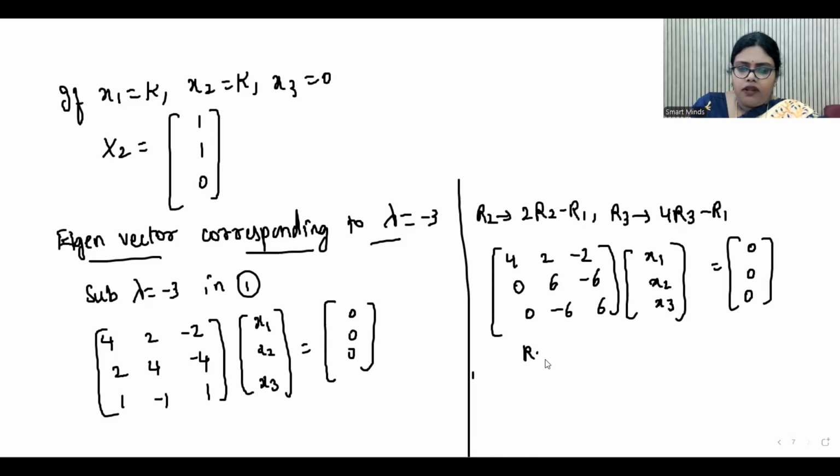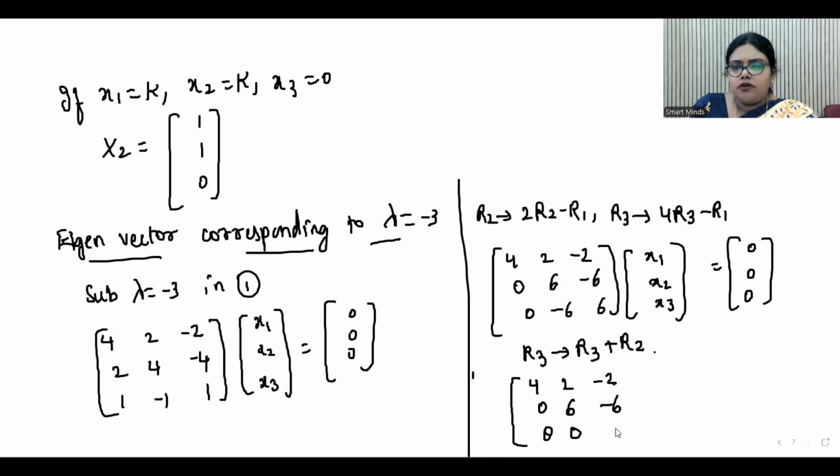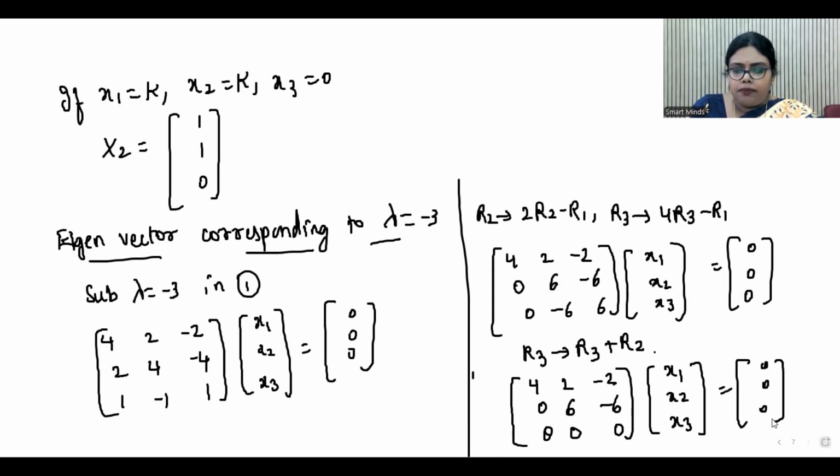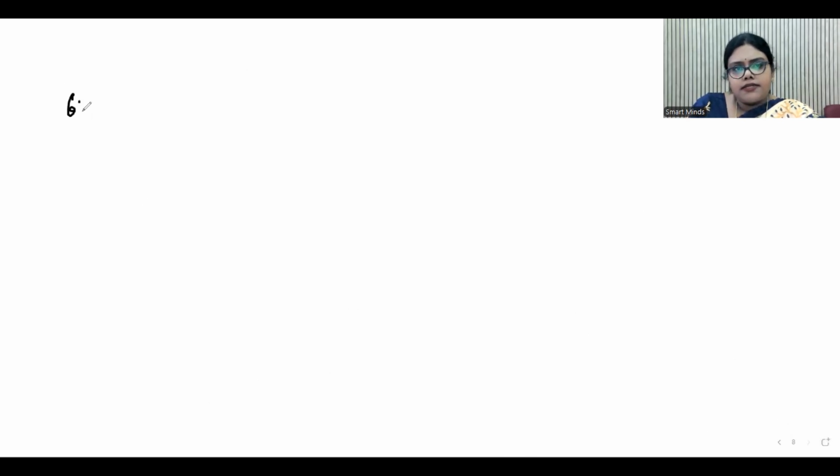Now we will apply R3 is R3 plus R2. So that last row will become 0. 4, 2 minus 2, 0, 6 minus 6, 0, 0, 0 into x1, x2, x3 is equal to 0, 0, 0. Now if we multiply this, what do you get? 6x2 minus 6x3 is 0. From here you will get x2 is equal to x3.